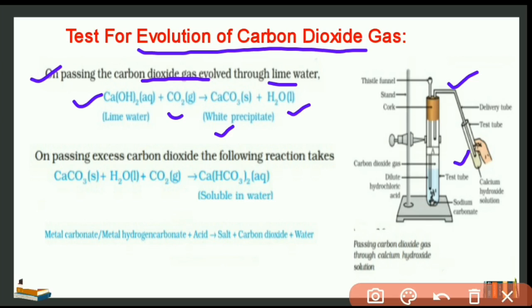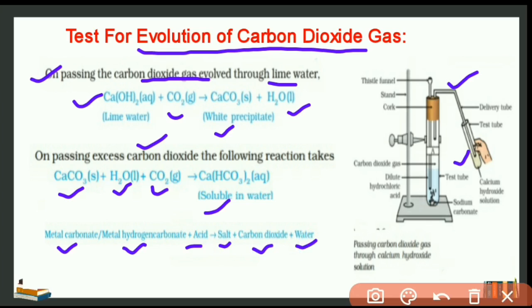And when excess carbon dioxide is passed, this chemical reaction can also be written in chemical equation form. Calcium carbonate reacts with water and excess CO2 gas. When they react, it gives rise to calcium hydrogen carbonate, which is soluble in water. So we can observe that when metal carbonate and metal hydrogen carbonate react with acids, they form salt, carbon dioxide and a water molecule.